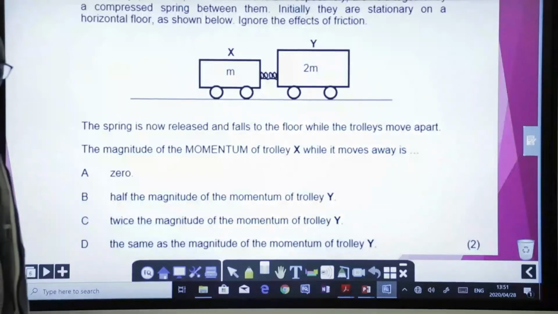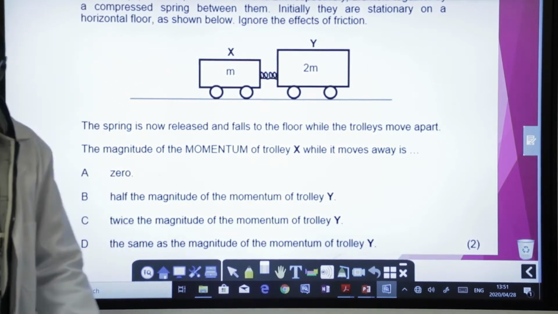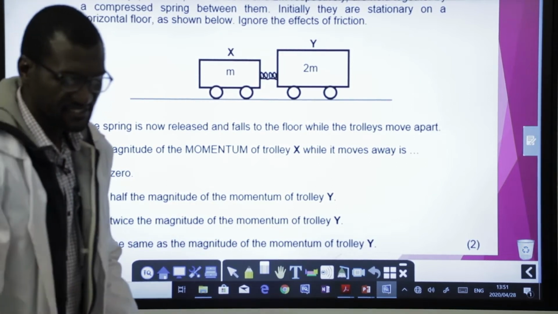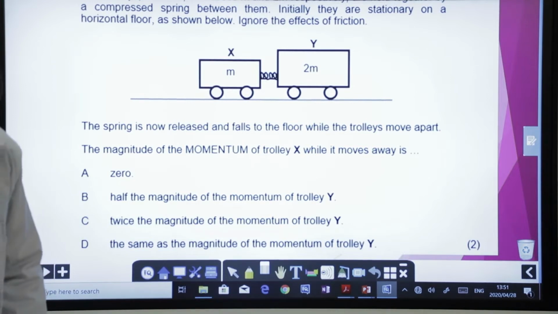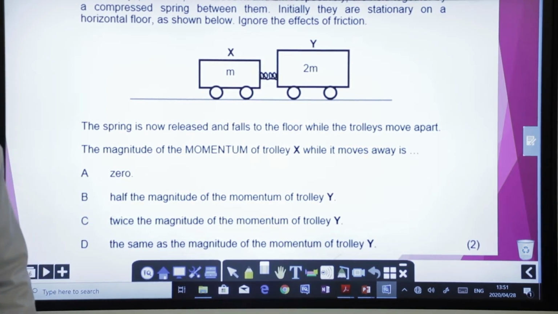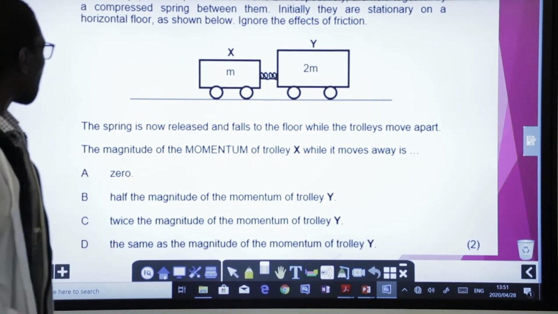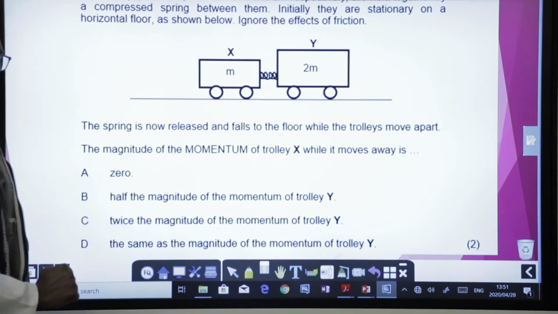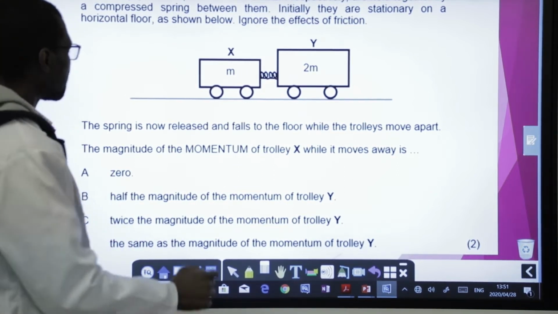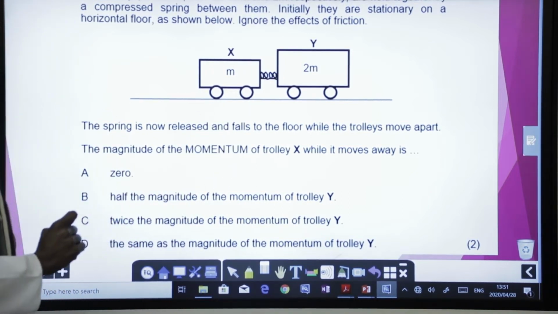All right, like this question that is talking about two objects or two trolleys X and Y. It says that objects X and Y of masses M and 2M are compressed by a spring between them.